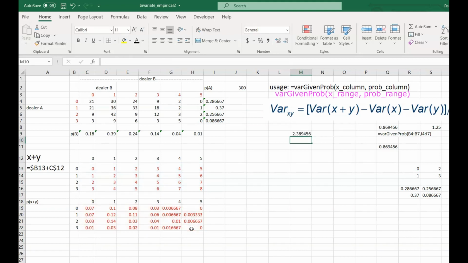We close it. Then this is our variance of X plus Y. Our final result will be variance of X plus Y minus variance of X minus variance of Y, and divided by 2. Then we got the exact same result. That's it.